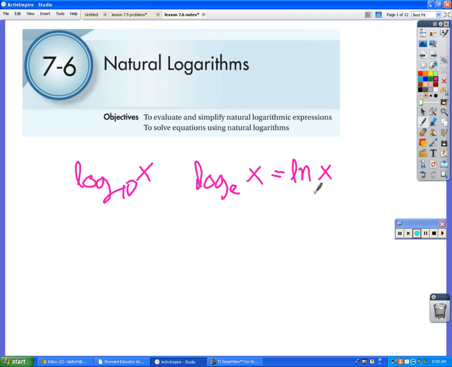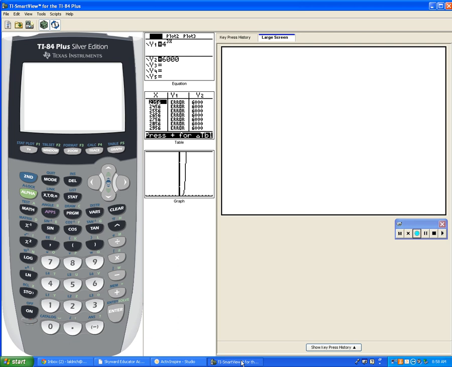So on your calculator, you would notice, hopefully, that there's a button with log on it. And the inverse of that is 10 to the x, because log functions are most commonly base 10. And when we were studying the natural number e before, that button goes with the ln button.